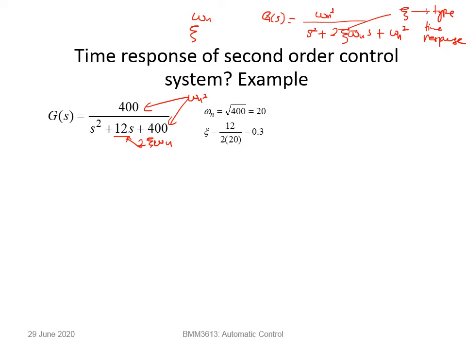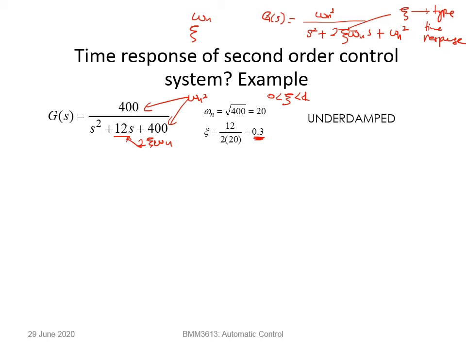So 12 divided by 2 divided by 20 equals 0.3. So now, how do we deduce the type of the second order system? We have zeta equal to 0.3, so we are in the case of zeta between 0 and 1. So what will you have in time response? For zeta between 0 and 1, we will have an underdamped system, right?